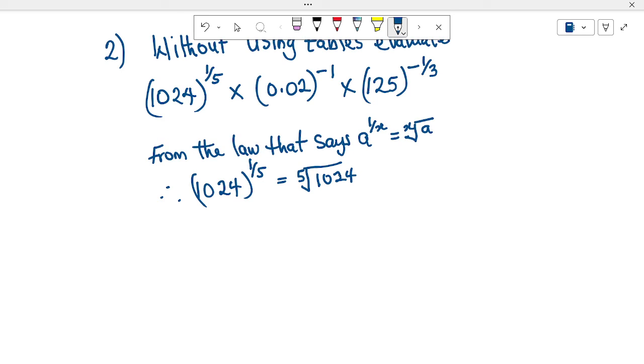And by that, I mean, what can you multiply 5 times to give you 1024? You want to go through that to see what you can multiply 5 times to give you 1024.